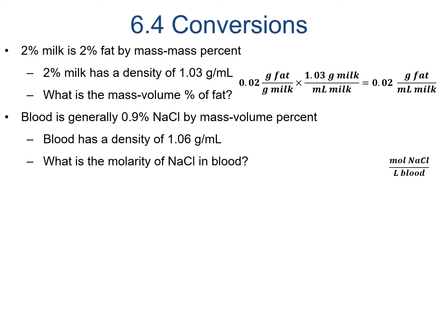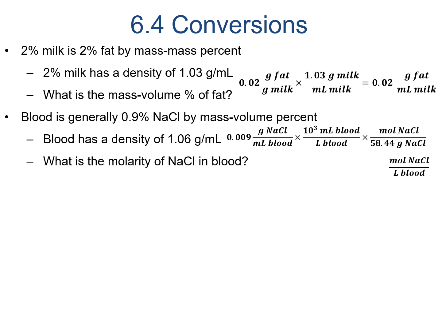Since we start out with 0.009 grams, that is 0.9% over 100, of sodium chloride per milliliter blood, we know that we can convert the milliliters to liters with a metric conversion and the gram sodium chloride to mole sodium chloride with molecular weight. The units guide our setup, so we multiply by milliliters over liters and divide by molecular weight.